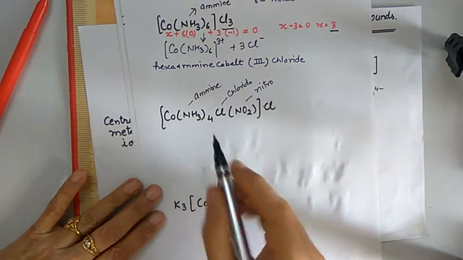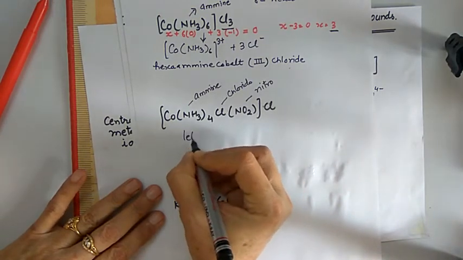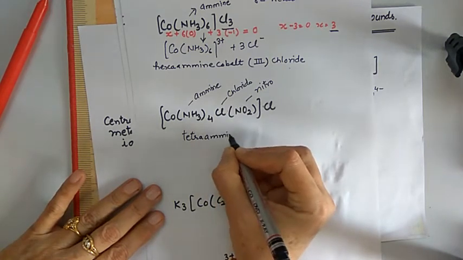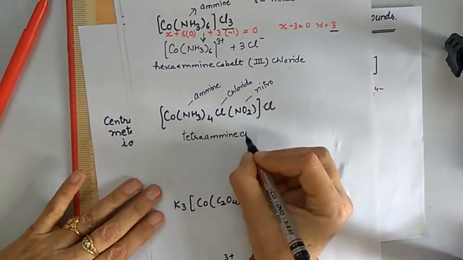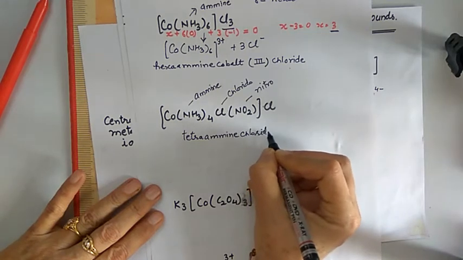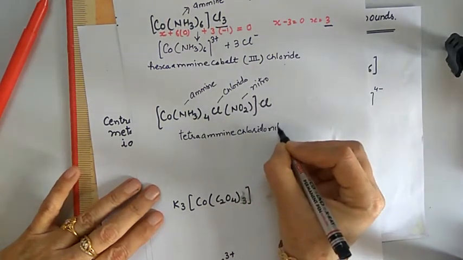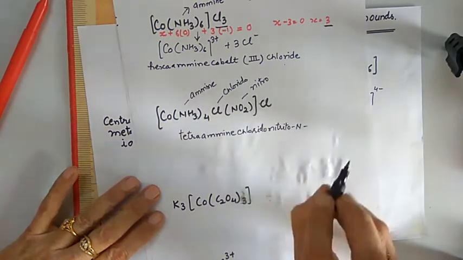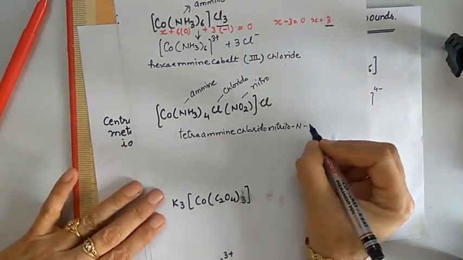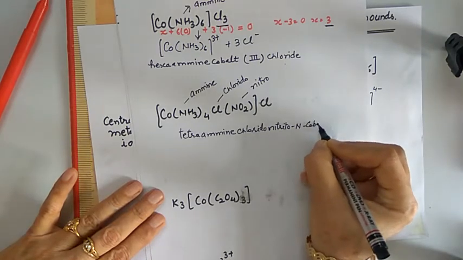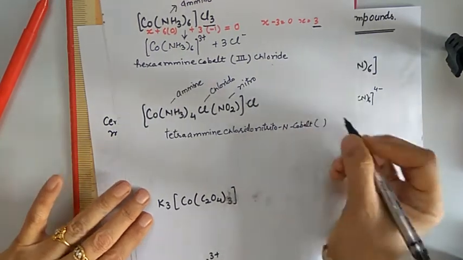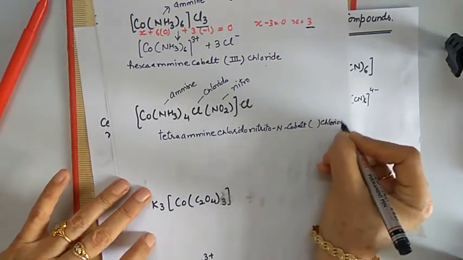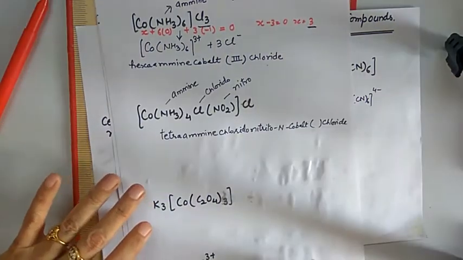How many amine? 4. It will be tetraamine, chlorido, nitrito N, or nitro also we can write, cobalt, oxidation state, and outside the bracket there is chloride. Clear? So this is the name.